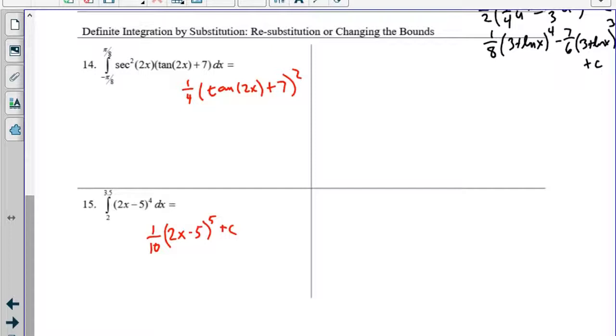So one way to do this is called resubstitution or back substitution. You might see this on the internet. So if we use back substitution, basically what we do is we integrate with u's. We essentially turn this into an indefinite integral. So secant squared 2x times tangent 2x plus 7 dx.